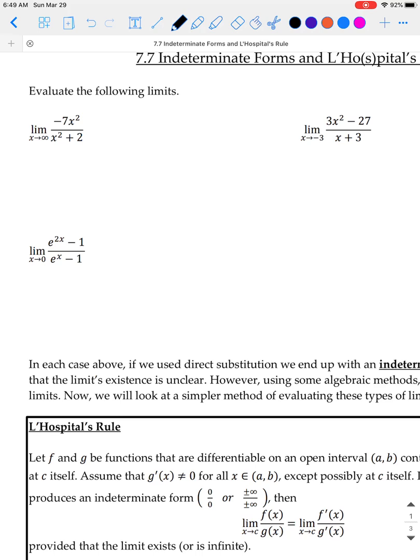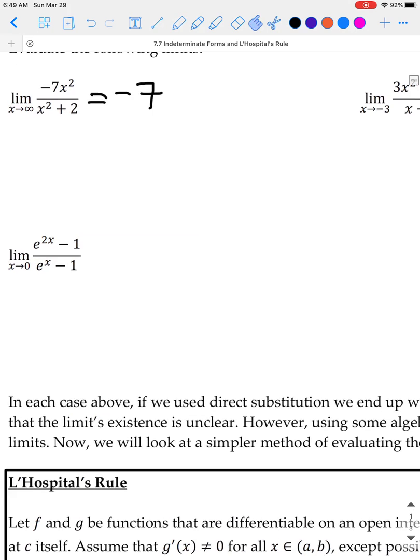If we look at the first one, clearly we're looking at an infinite limit approaching infinity, and we can look at the exponents, so we can see that this limit is going to equal -7 by inspection.